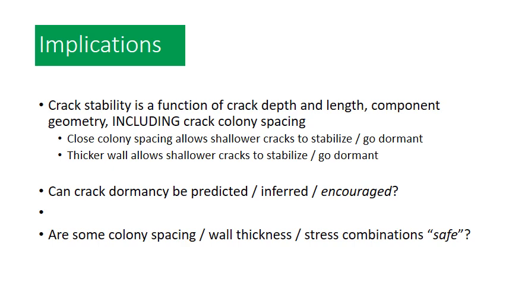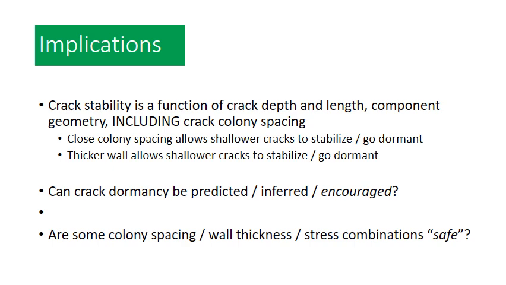So I have to ask the philosophical question of, can the crack dormancy in stress corrosion cracking be predicted or inferred in our various pipeline integrity cases, or ideally, could it be encouraged? Can we find some combination of behavior within the mathematics that would allow us to encourage crack stability and provide for a safer pipeline that is subject to stress corrosion cracking?